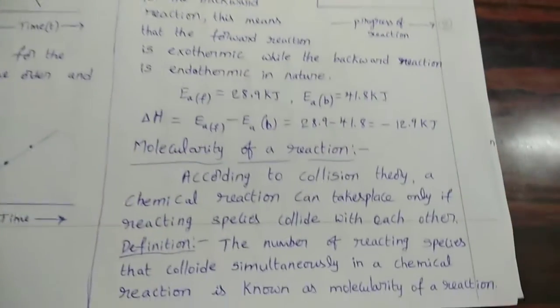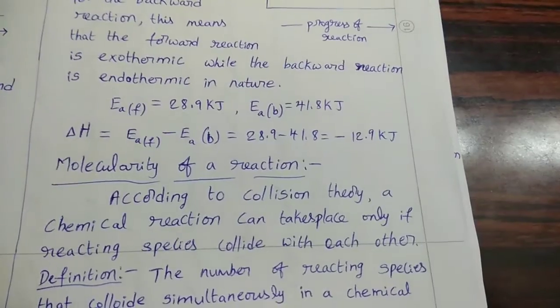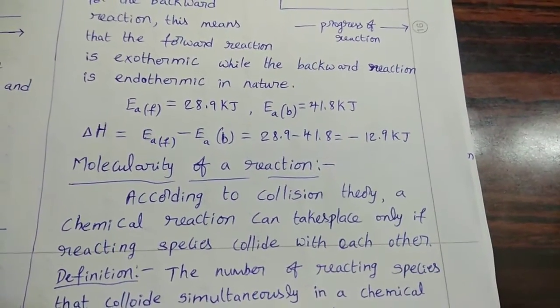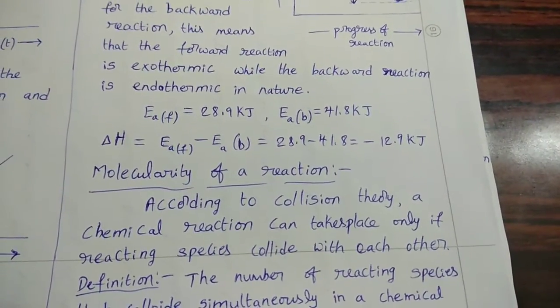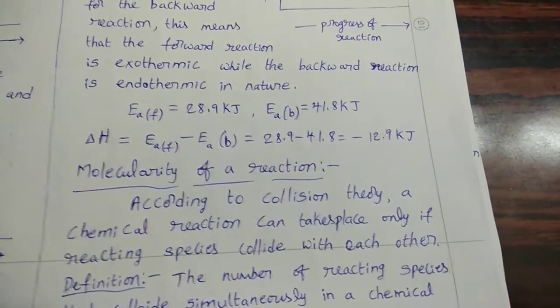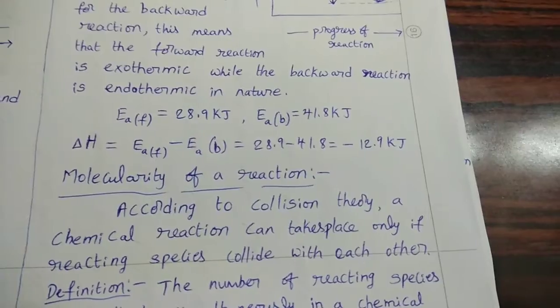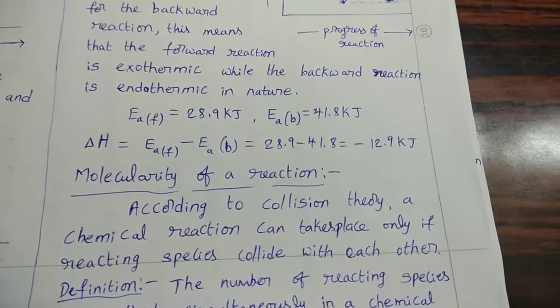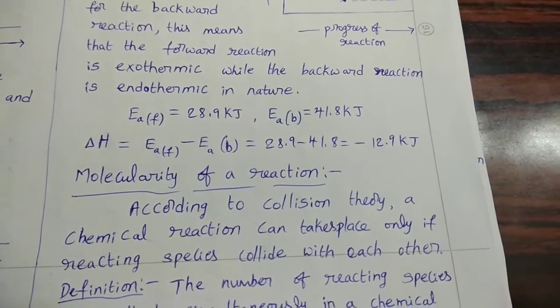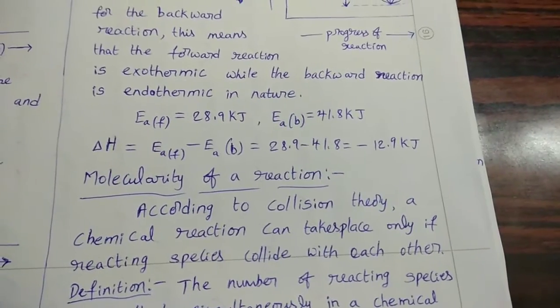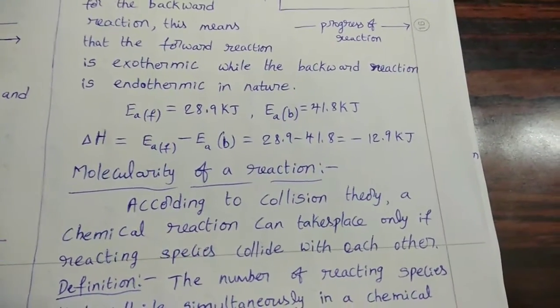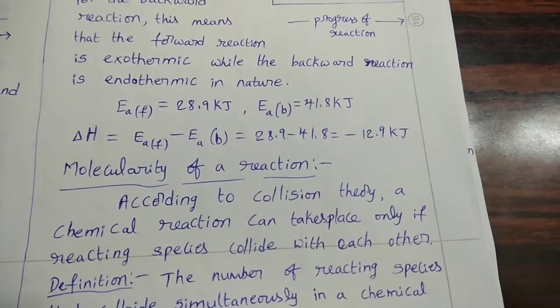So next, molecularity. According to collision theory, a chemical reaction can take place only if reacting species collide with each other. When collision takes place between the reacting species, then only the reaction occurs and we can get product. This is according to collision theory.